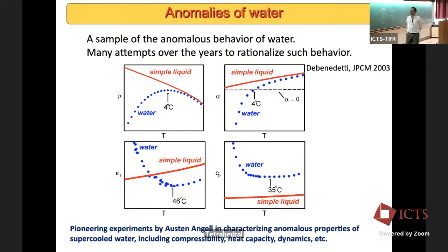And there has been a long-standing interest, particularly in the case of water, to try and understand the origins of these anomalies.